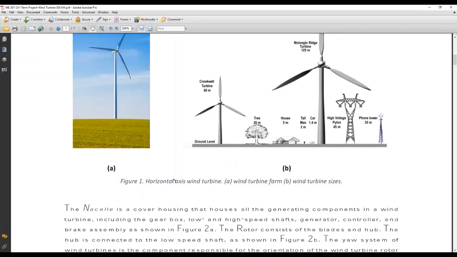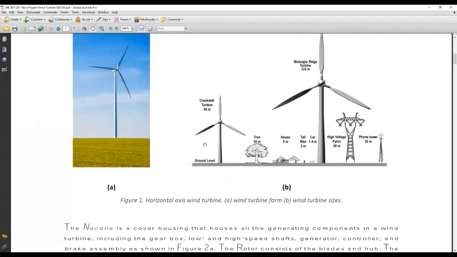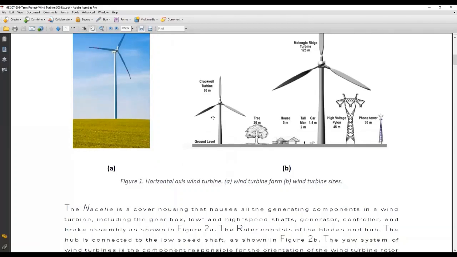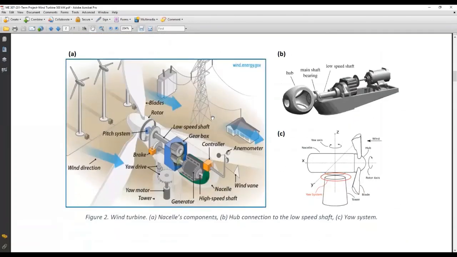This is called a horizontal axis wind turbine, and a vertical axis means that the rotation happens along a vertical line, while this one is along a horizontal line, which is coming out of the page. Now, the turbine can rotate to orient the blade always facing the wind. This is called the yaw axis.